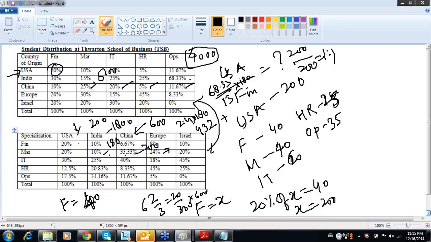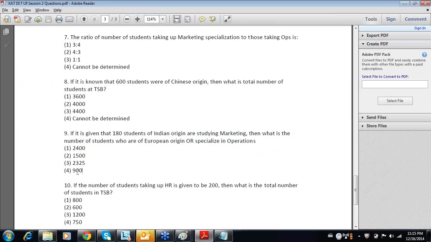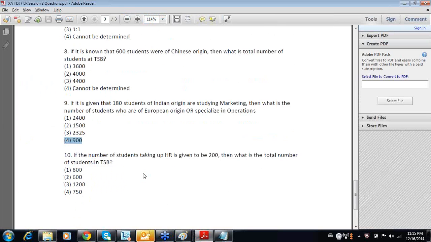So it will be 468. So it will come out to be 900. So total students will be 900 here.